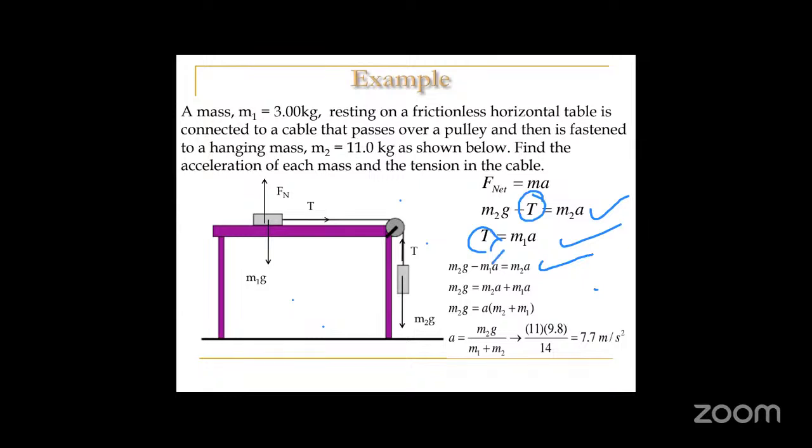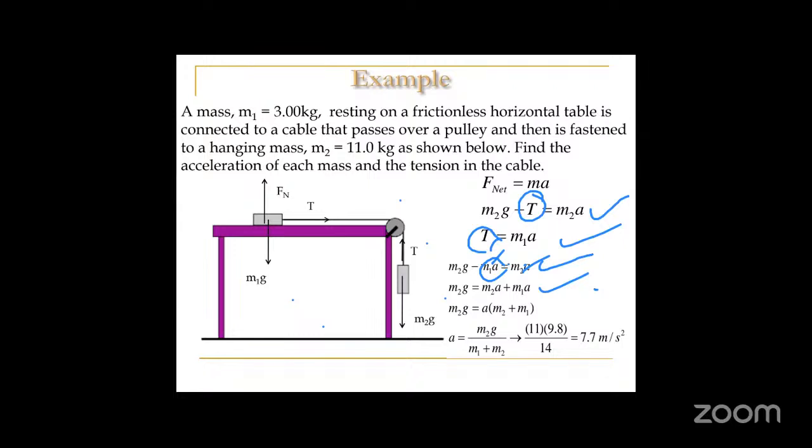Now, we have A common here, so we move this expression to the right-hand side. We have M2G is equal to M2A plus M1A. Since A is common, we bring A out of a bracket and put M1 plus M2 in a bracket. Since we are looking for A, the acceleration, we can simply divide M2G by M1 plus M2. That will give us A.